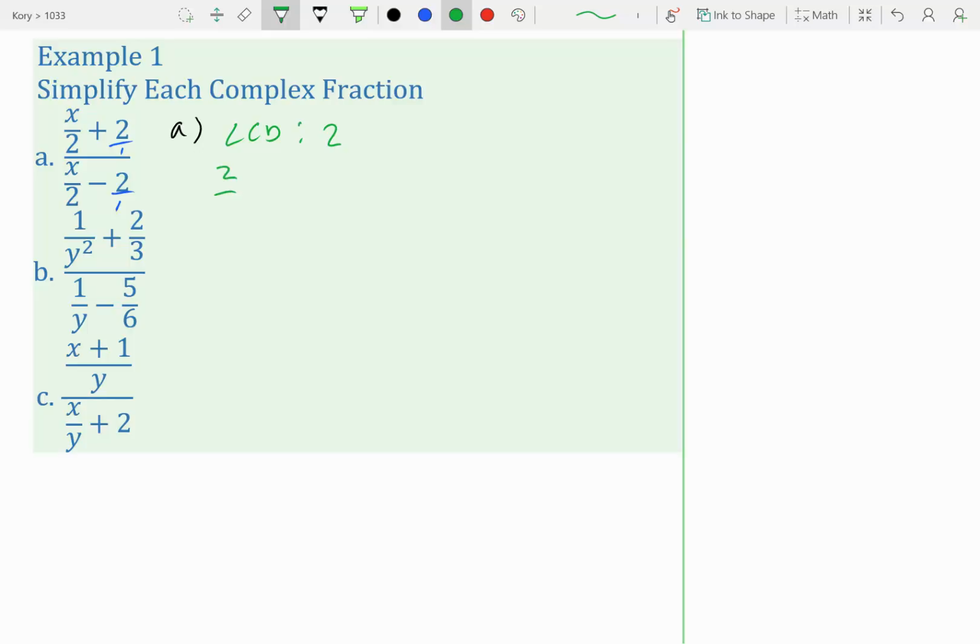So we have 2 over 1 times x over 2 plus 2 over 1 times 2 over 1, all over 2 over 1 times x over 2 minus 2 over 1 times another 2 over 1.